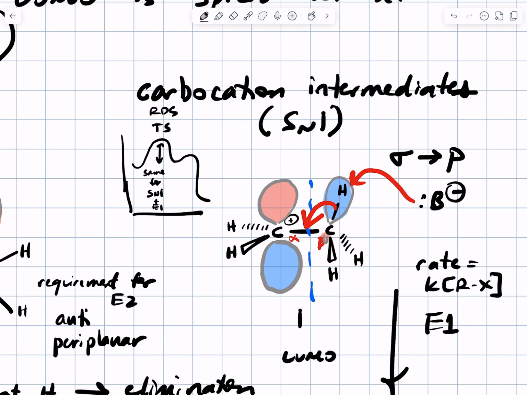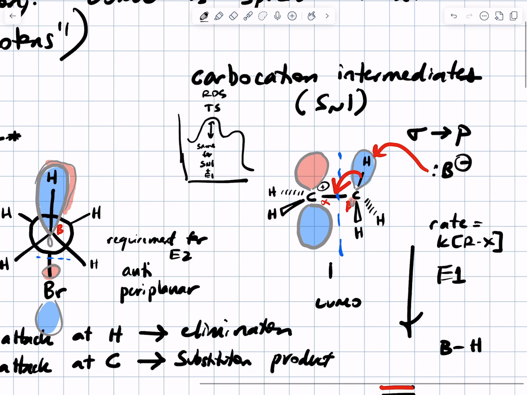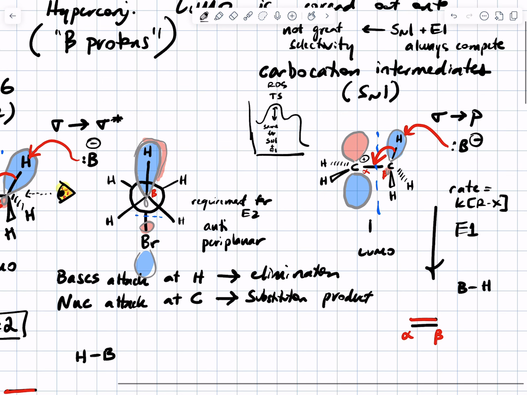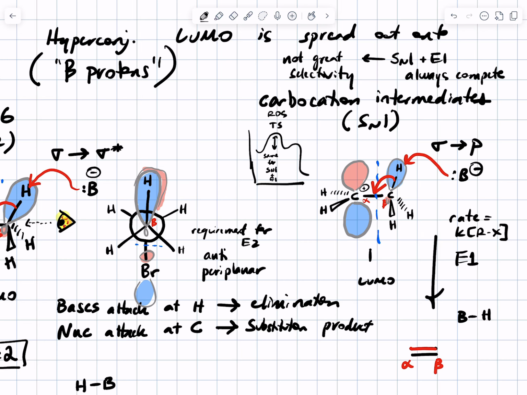What we'll see in general is that SN1 and E1 always compete. There's not great selectivity for SN1 versus E1. So in other words, whenever you predict that an SN1 reaction is going to happen, you must also account for an E1 reaction happening.